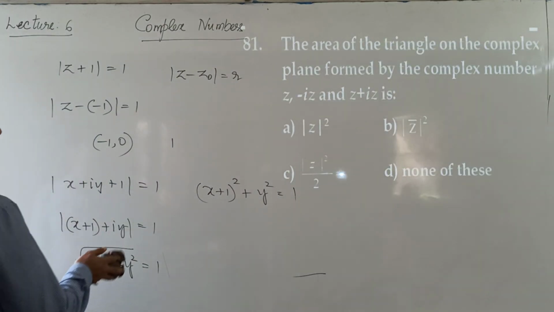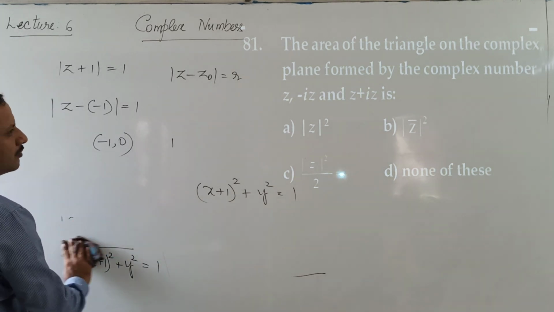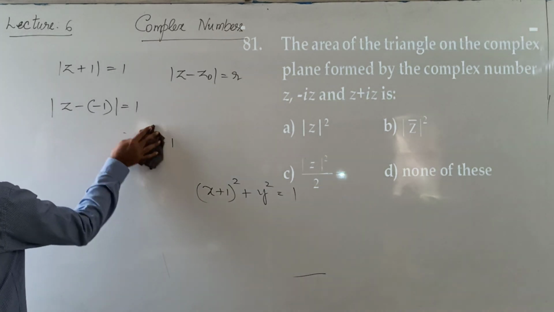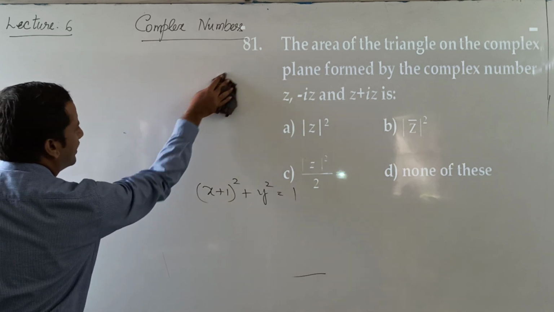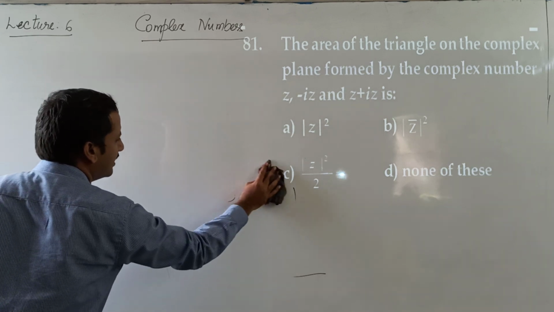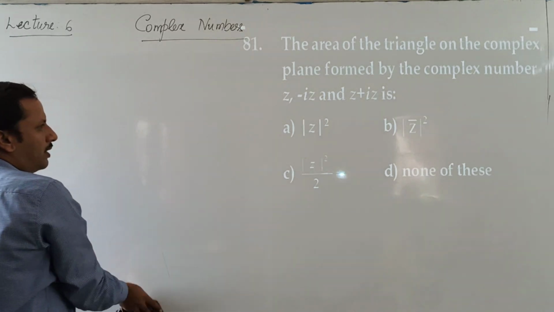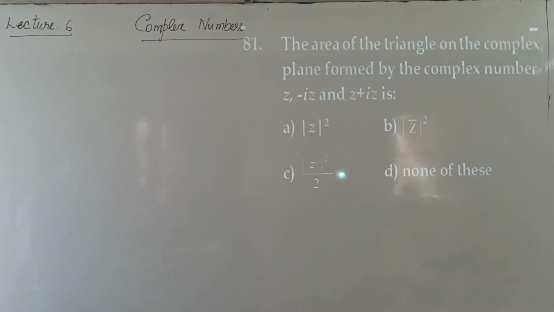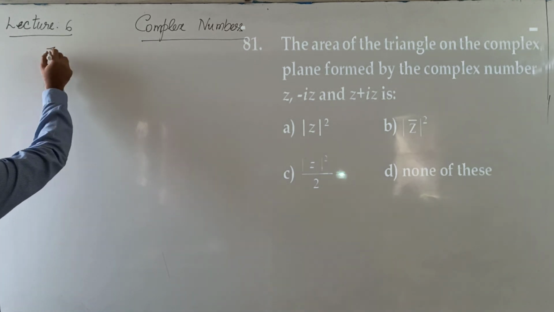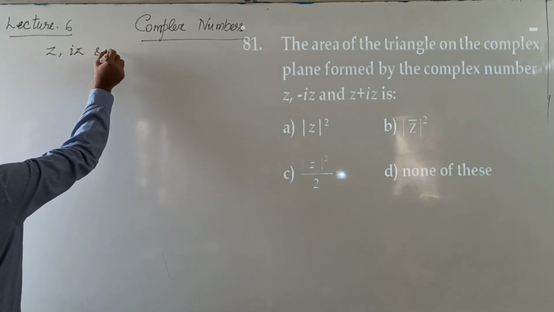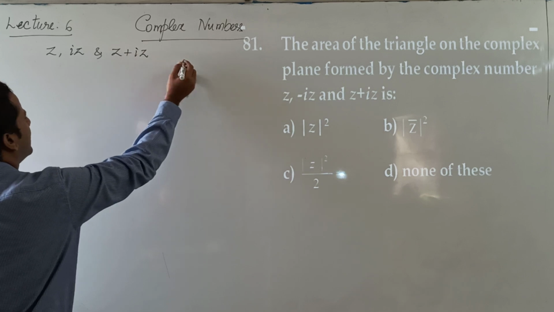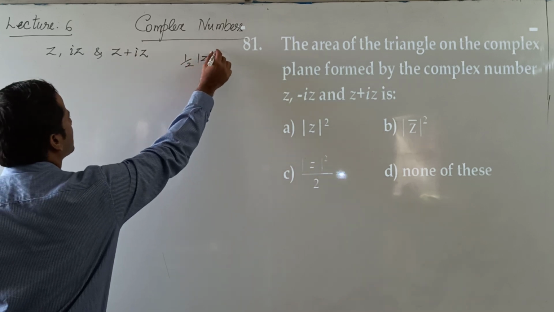Then, the area of the triangle on the complex plane formed by the complex numbers z, minus iz and z plus iz is... Okay, so there is a standard formula. The area of the triangle formed by z, iz and z + iz is 1 by 2 into mod z square.